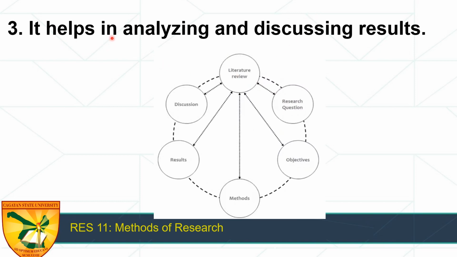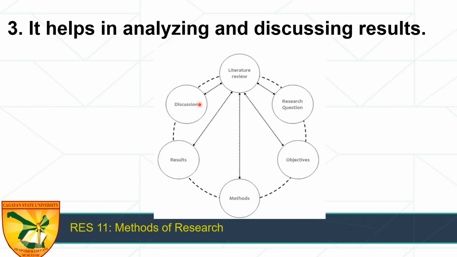So that means that when you are doing your results and discussion part, your chapter 4, you will have to cite those authors from your chapter 2 and tell us if it agrees or disagrees with your findings. So that is the use of your review of related literature.